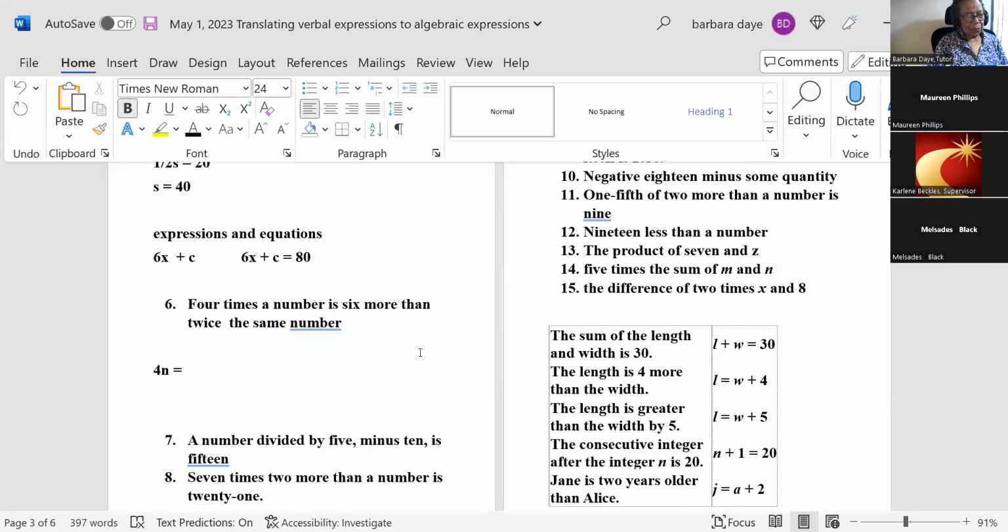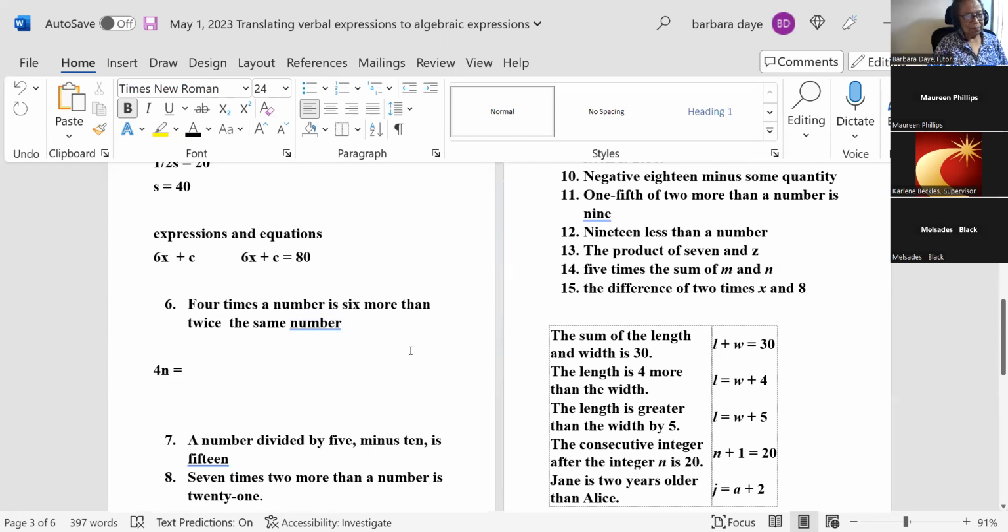You put 6. But what's 6 more than? What does that mean? I've got the equality sign: 4n, 4 times the number is equal. Now we're working with 6 more than twice the same number.